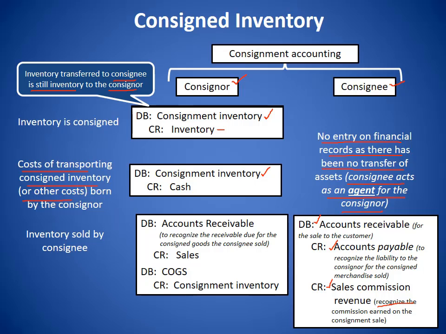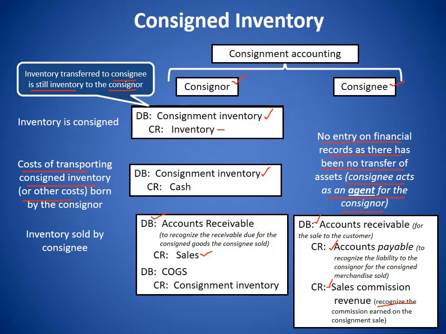Okay, we now look at when the inventory has been sold from the consignor standpoint. The consignor is going to debit accounts receivable, to recognize the receivable due for the consigned goods that the consignee sold. Also then, they're going to recognize a credit to the sales account for the amount of the sale less the commission, and the consignor recognizes the total sale.